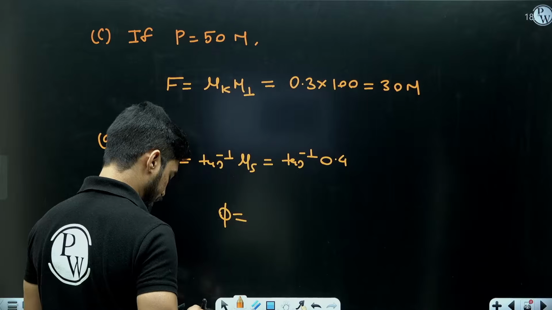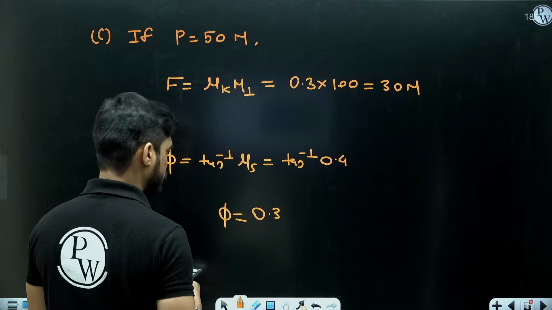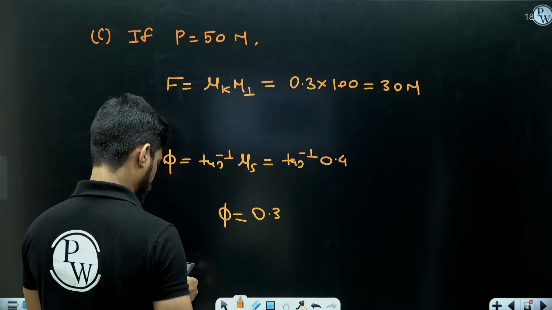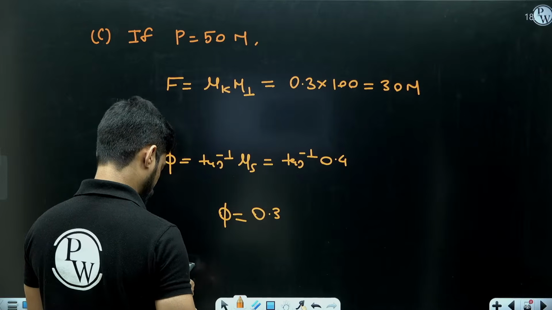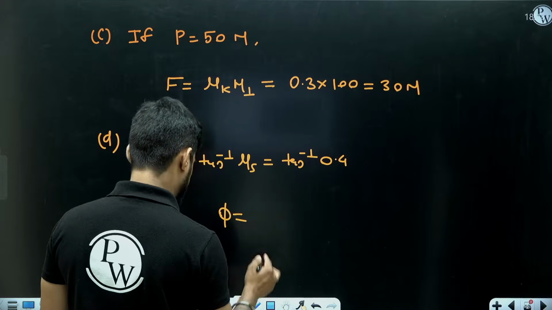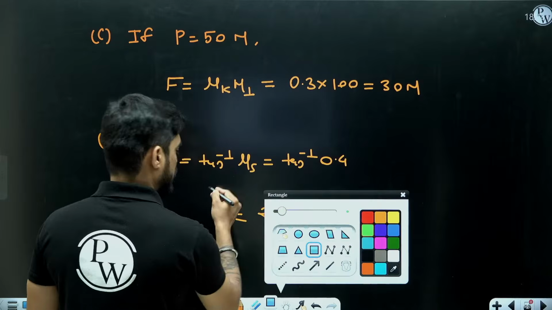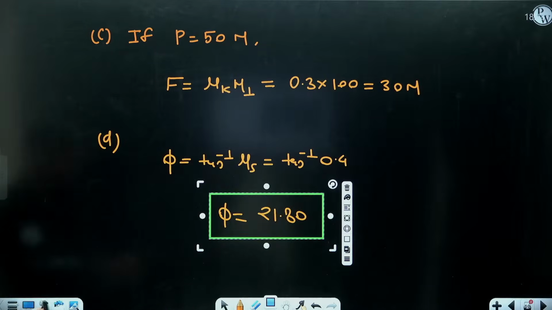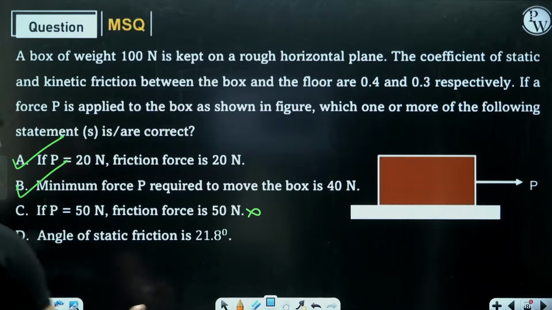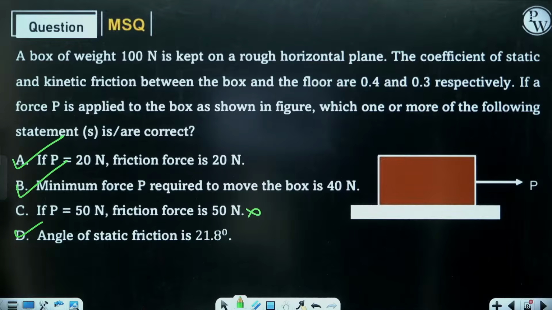If you do tan inverse 0.4, you are getting 21.801. So the angle of static friction is 21.8 degree. So this is also correct. So very good, you have the correct answers A, B and D.